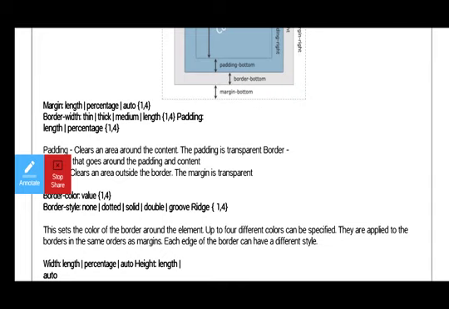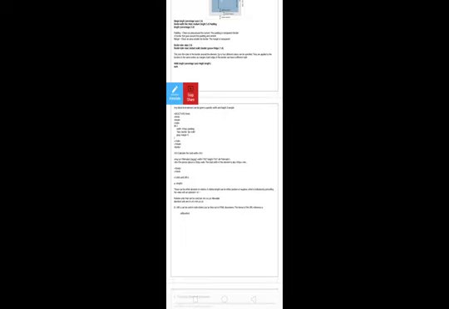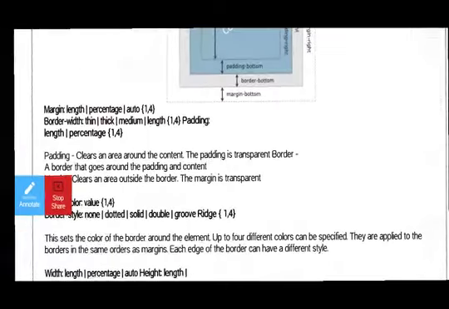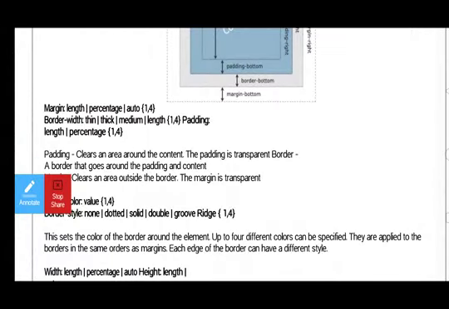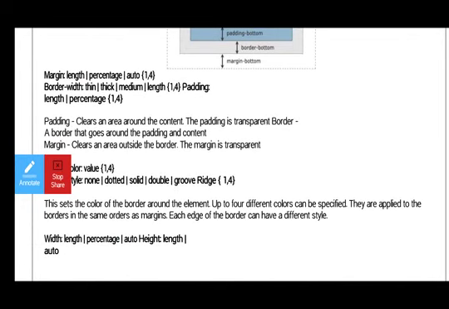We have length and percentage, 1 to 4 values. So first we need to set the margin, the next one is border, and the next one is the length of the padding. Like this, we have the three elements: margin, borders, and padding.